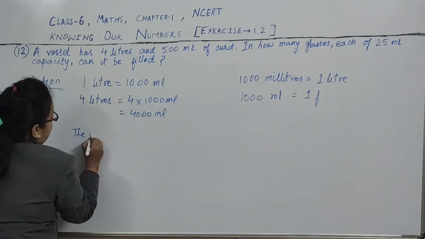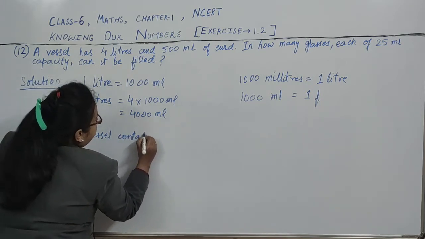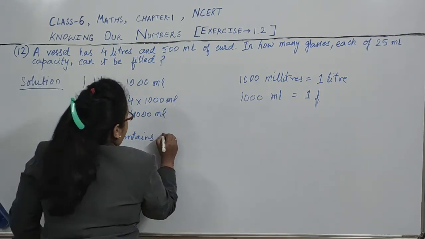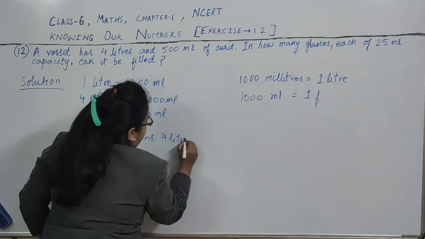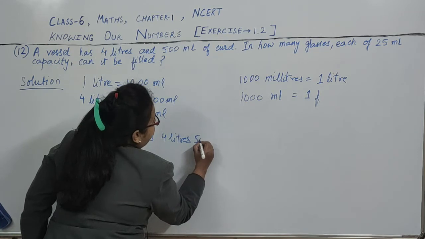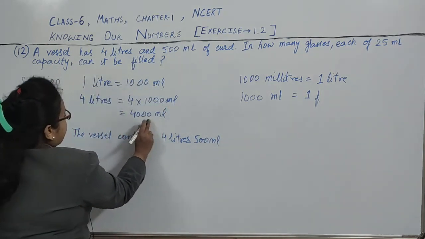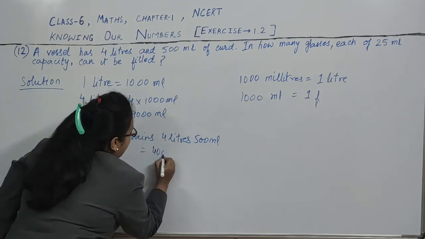The vessel contains how much curd? The vessel contains 4 liters 500 ml curd.